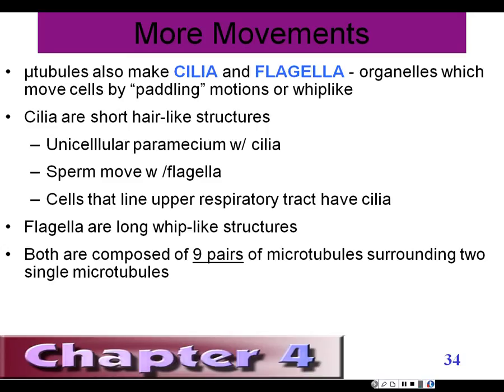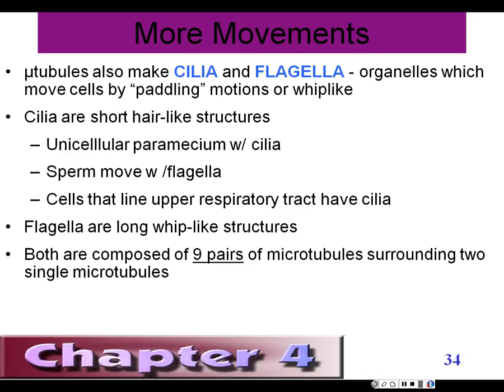So it says both are composed of what? 9 pairs. So what do I mean by 9 pairs? Similar to what I drew over here, right? These are the 9 triplets, but instead of having triples, now we're going to have 2. So 9 pairs of microtubules, but then we've got one running down the center.